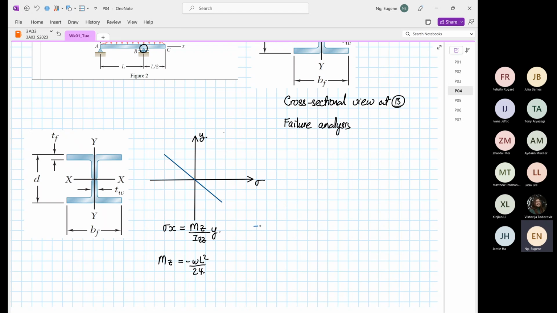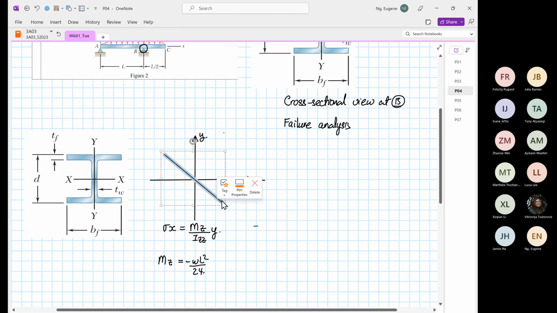I want to make sure that it looks symmetrical. That's important. It's better now.